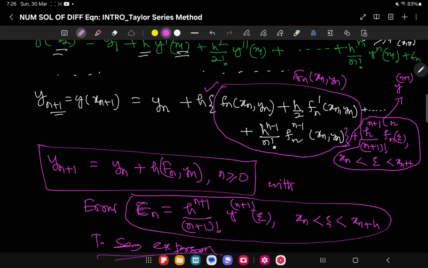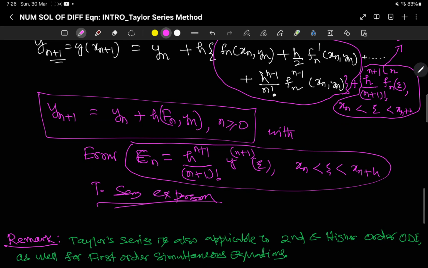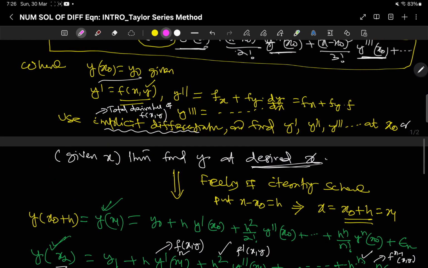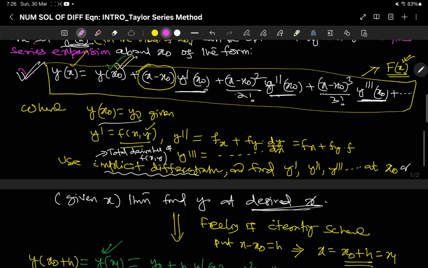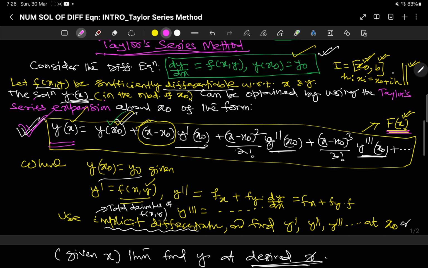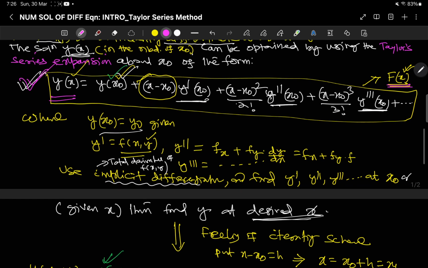So here there is a feeling like the numerical methods. However, we don't need it. We just find y(x) by using this formula, which is a function of x, and I substitute different values of x to get the desired solution in the interval x0 to b.